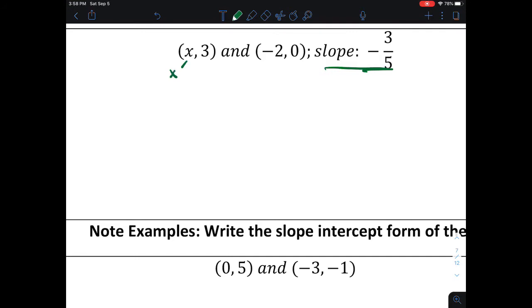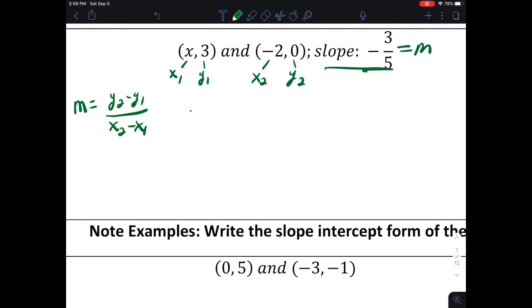So we'll label our points x1, y1, x2, y2. And we're going to use our slope formula, which says m is equal to y2 minus y1 over x2 minus x1. And let's put our information in. Well, the slope is m.